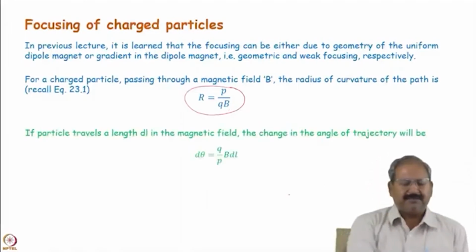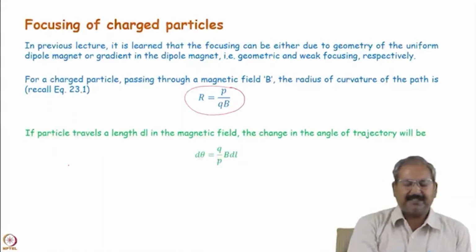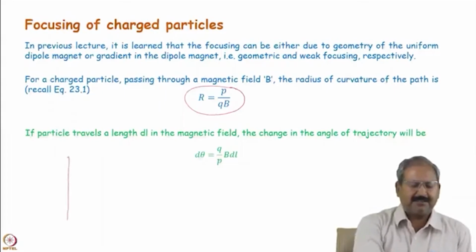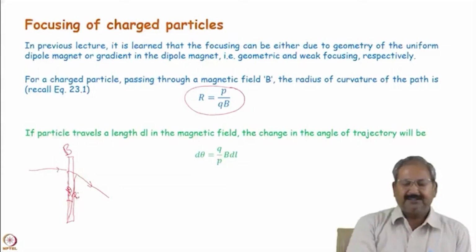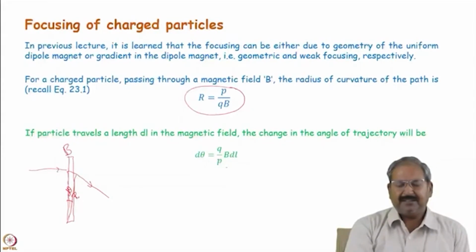Now if a charged particle is passing through a region where a magnetic field B is applied, then we can calculate the bending. This is the bending by d theta, and this is the radius of curvature r. So d theta will be q by p, B dl.